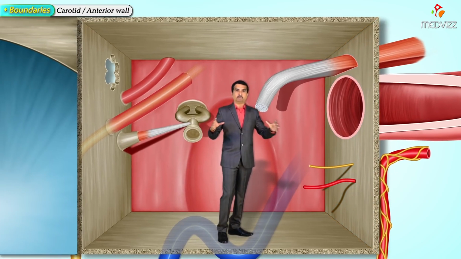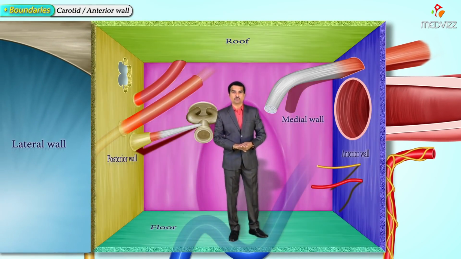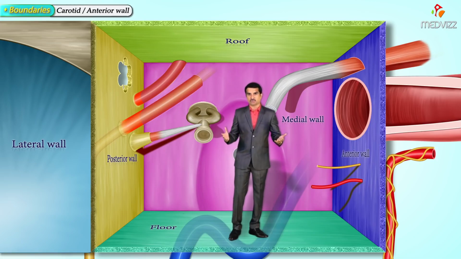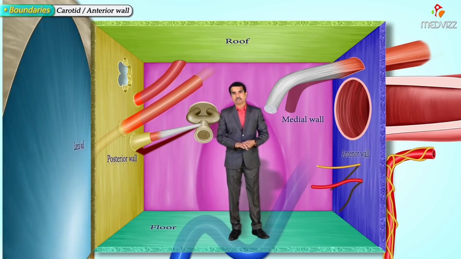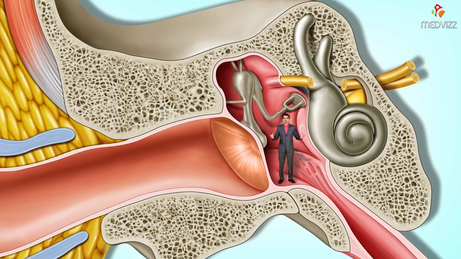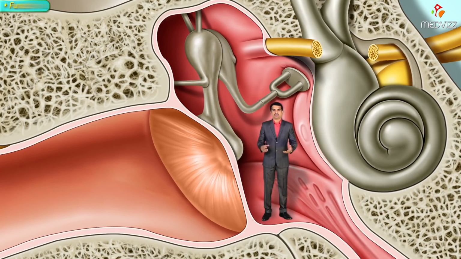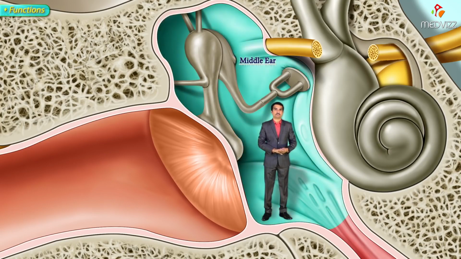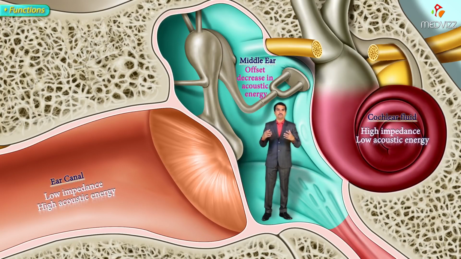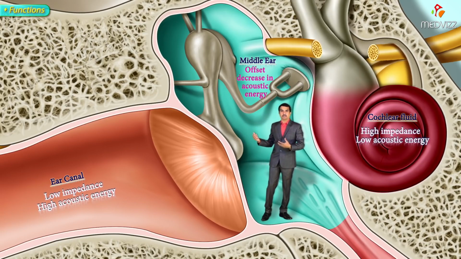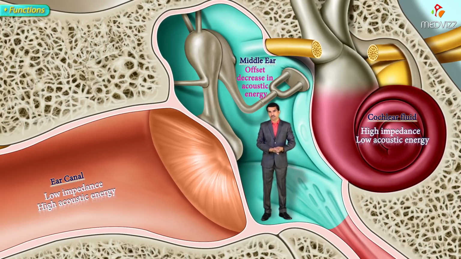By this we completed all six boundaries of the middle ear cavity, which is also known as the tympanic cavity. After discussing all the boundaries of the middle ear, let's enumerate the functions of the middle ear cavity. The primary function of the middle ear is to offset the decrease in acoustic energy that would occur if the low impedance ear canal air directly contacted the high impedance cochlear fluid.